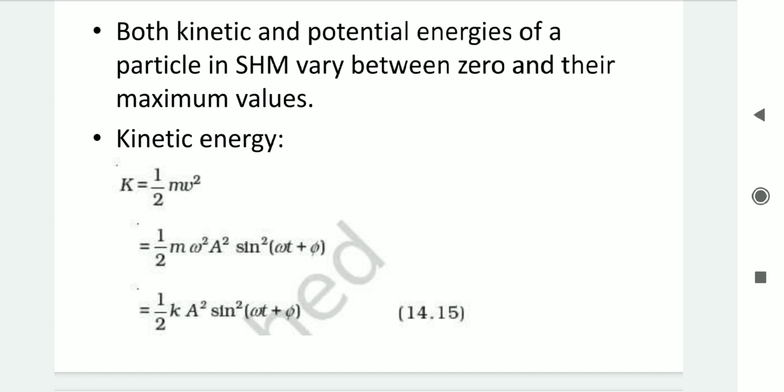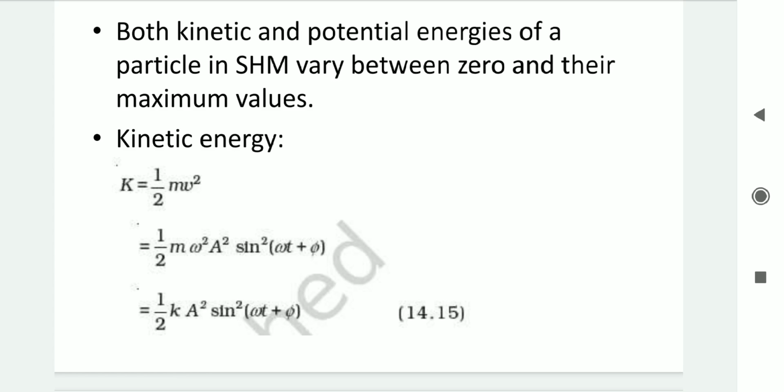So we will get kinetic energy K equal to 1/2 m omega square A square sin square(omega t plus phi). Now in the earlier topic, the force law for simple harmonic motion, we have substituted m omega square by k, which we are replacing again. So this kinetic energy K equal to 1/2 k A square sin square(omega t plus phi).